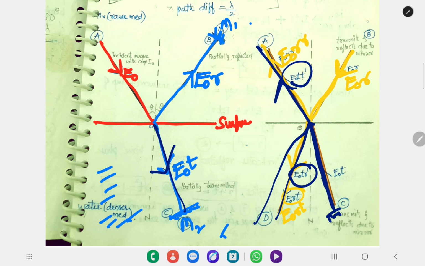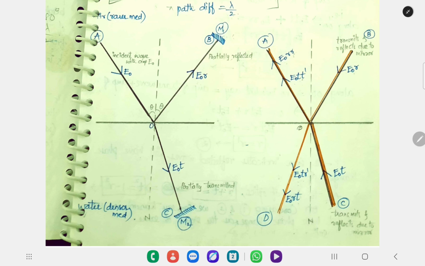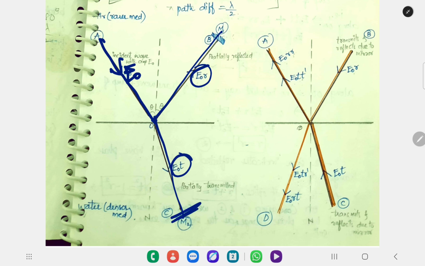So I'll explain again. Firstly, we are incident a light on the surface with amplitude E naught. Then some part will be partially reflected and the other part transmitted, in both these ways. Now here a mirror is there, here a mirror is there. In the second diagram, this light will reflect here and transmit here.